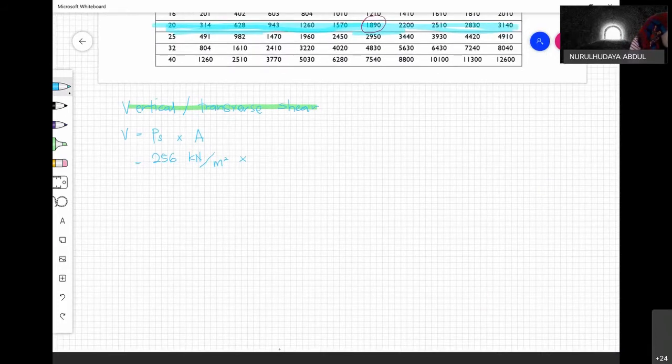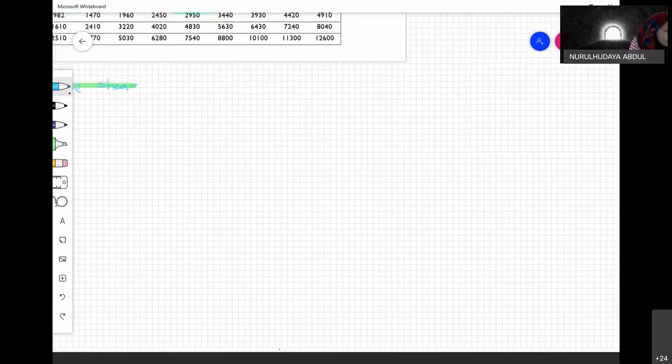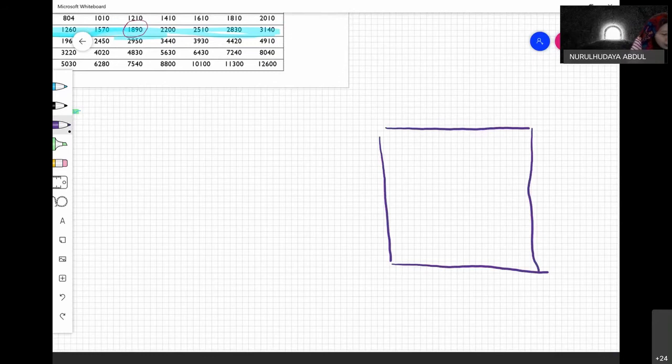So which area? I need to draw. Right now, the area being affected is probably somewhere around here.